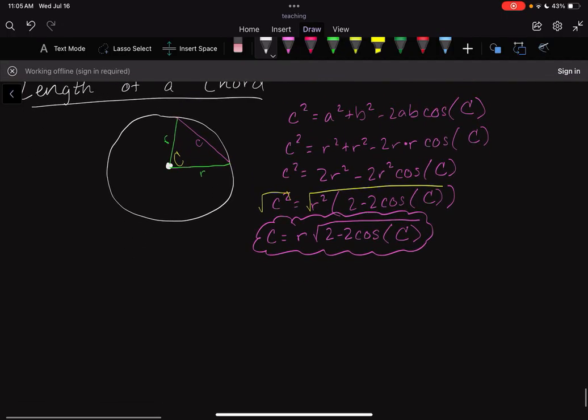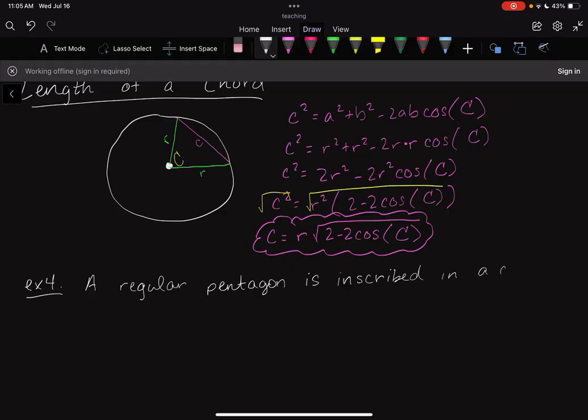So I think this is example 4. A regular pentagon is inscribed in a circle of radius 6 inches.